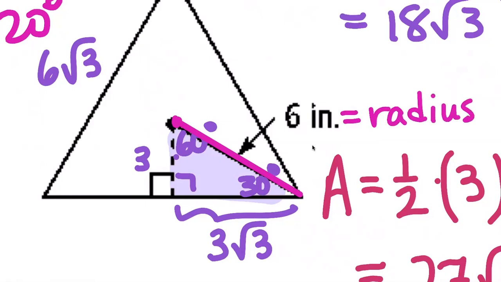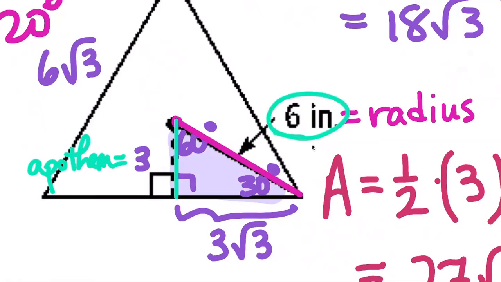And then, like I said, when you drop an altitude to a side of the polygon, that means it's going to create what's called the apothem. So because this is a 30, 60, 90 triangle, that means the hypotenuse here is 6.